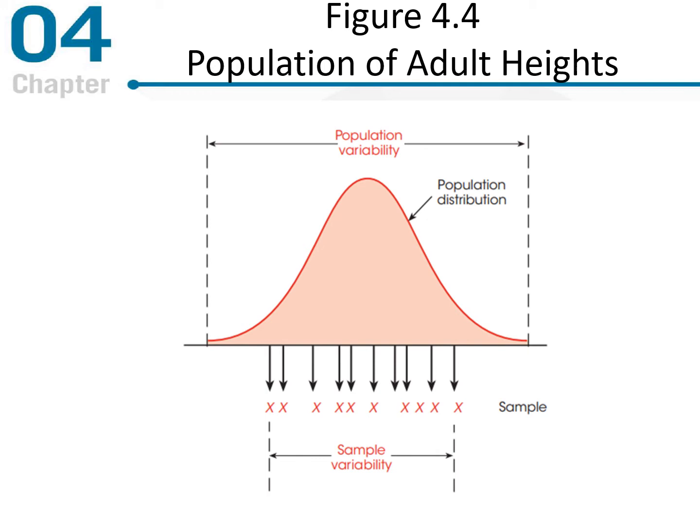Here's an image from your text that shows this. If you were to take many, many samples, see all those X's there? Those are all your different samples you're taking from the population. You see how those samples are kind of clustered together? They're not that far apart.